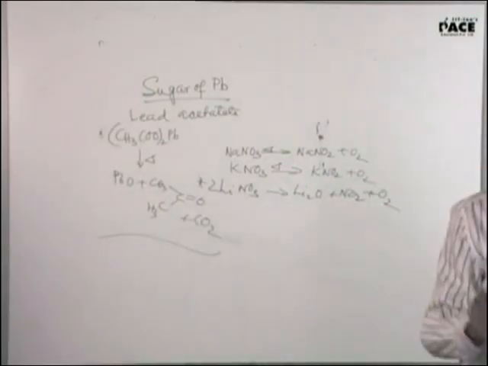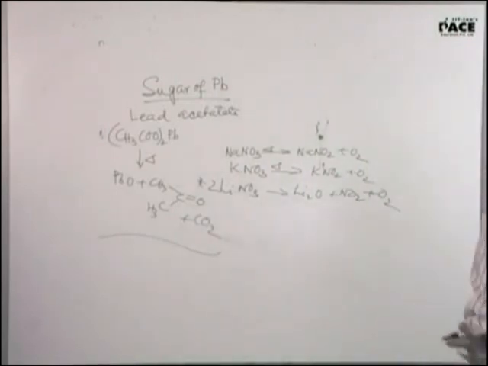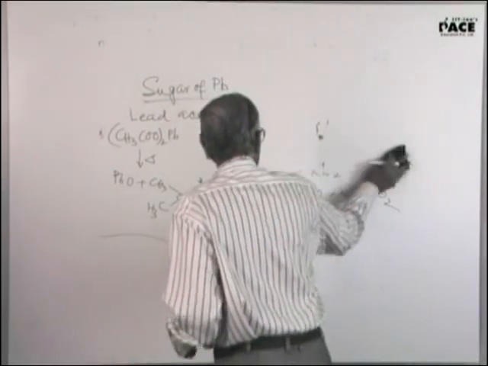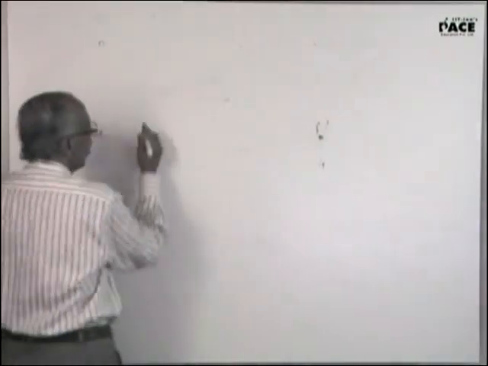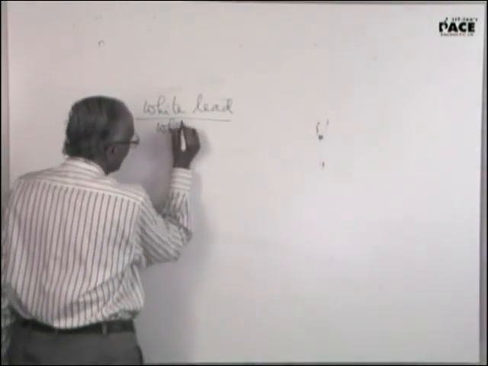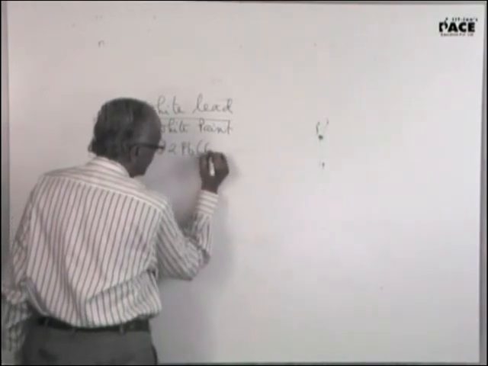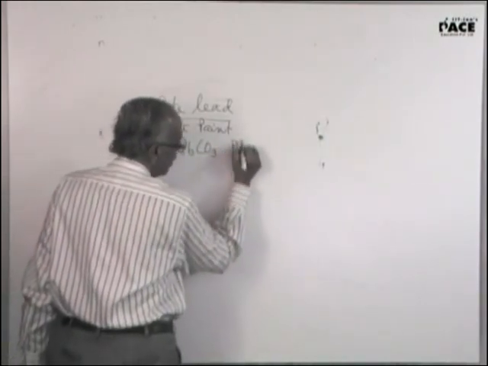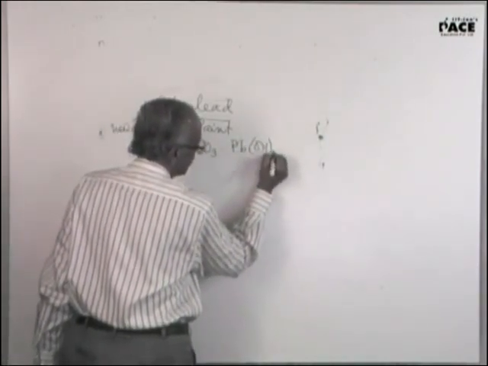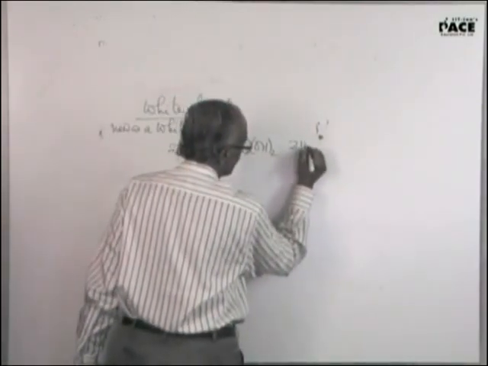Put a star mark on this. Now there is another compound which is called white lead. This is used as a white paint. It is 2 moles of lead carbonate with 1 mole of lead hydroxide and 2 moles of water.